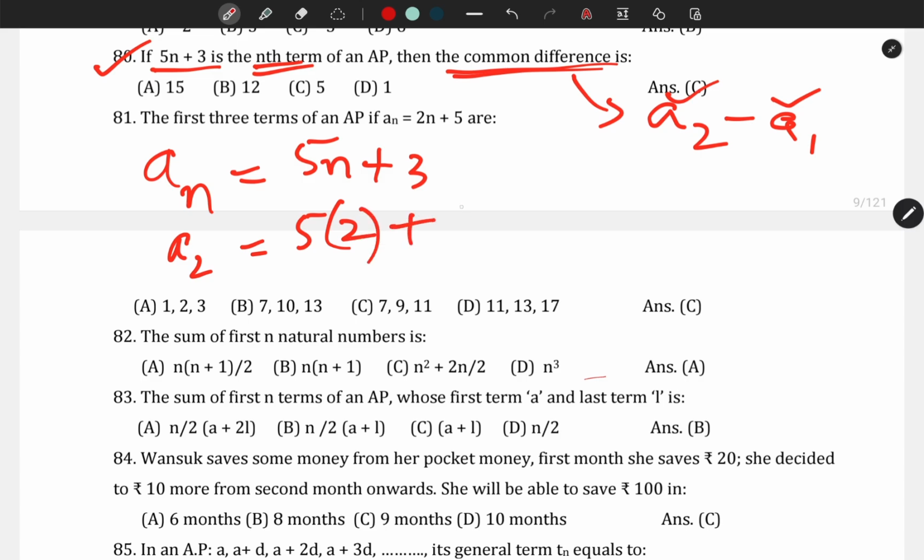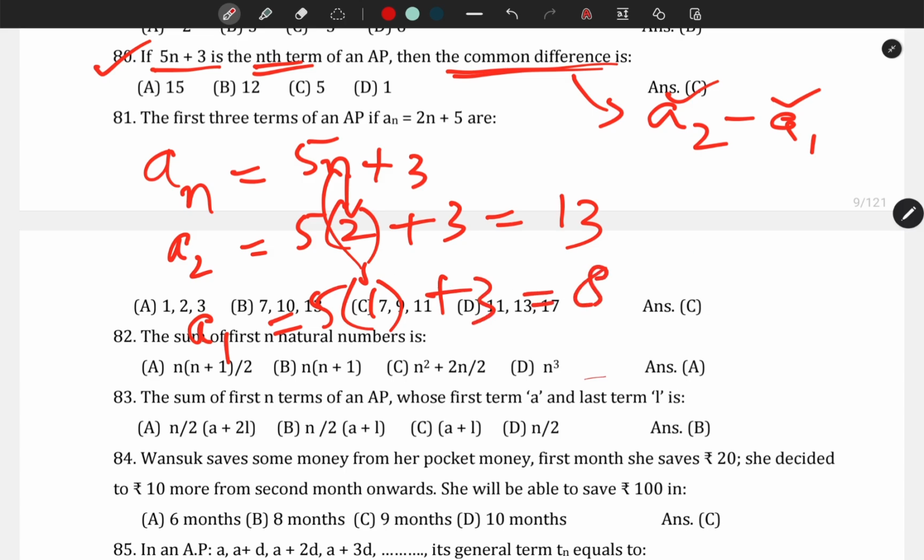So 5 twos are 10 plus 3 makes 13. And to get a1, in place of n we put 1. So 5 ones are 5, plus 3 is 8. So for the common difference, a2 we got 13 and a1 is 8. 13 minus 8 is 5. So the common difference is 5.